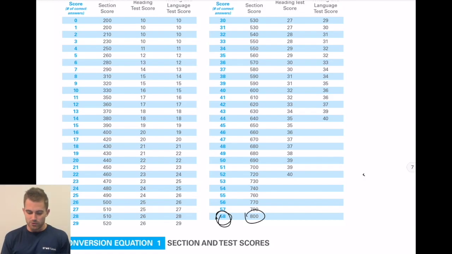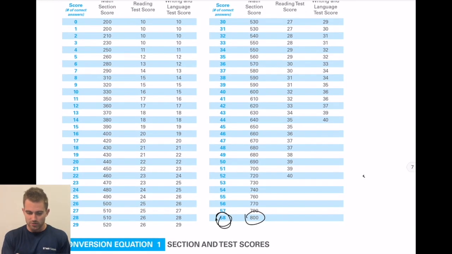As an example, if you look down here in this column, and I've circled it already, if you look down to this 58 and the 800 score, this is practice test number 7, by the way, and I'm going to do practice test number 6 just in case you guys thought that I already looked at the answers beforehand. In any case, this 58 corresponds to the total number of math questions between both the no calculator section and the calculator section: 20 on the no calculator, 38 on the calculator section.